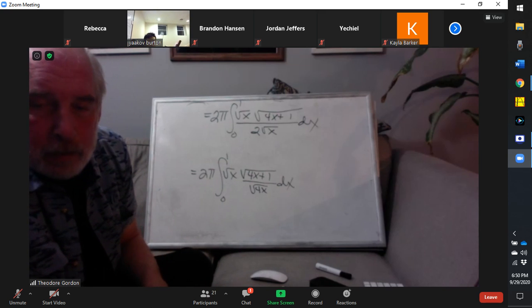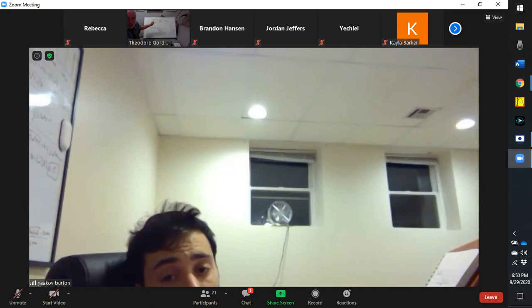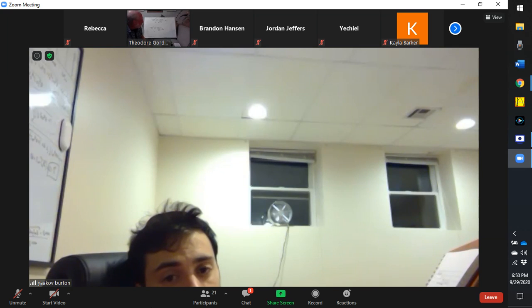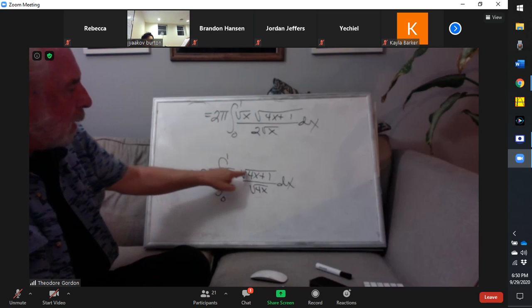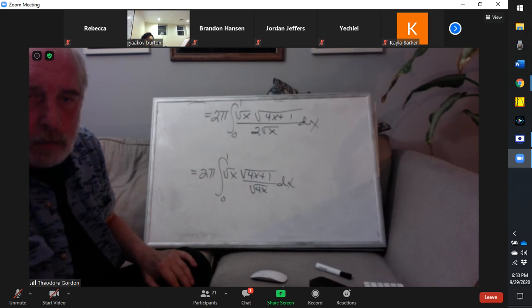Now, if you look carefully up here, does that fraction include the first square root of x? Does that go over the 2 root x? Oh, we're multiplying, right? It's this times this. So the whole thing is just underneath.